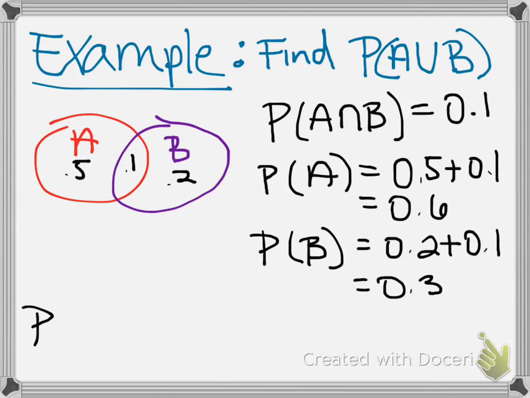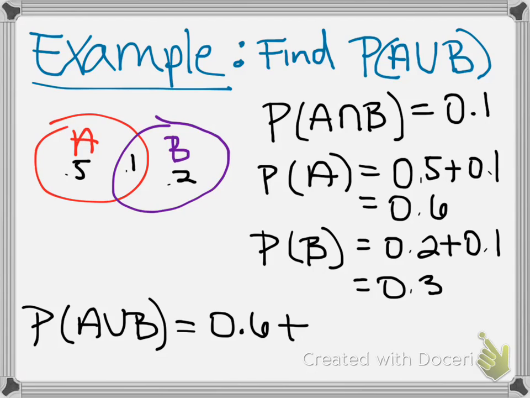So now we can figure out what the probability of event A or event B occurring is, just by using the formula that we saw on the last slide. Remember, that's the probability of event A, which we just said was 0.6, plus the probability of event B, which we said was 0.3, minus the probability of their intersection, which is 0.1.